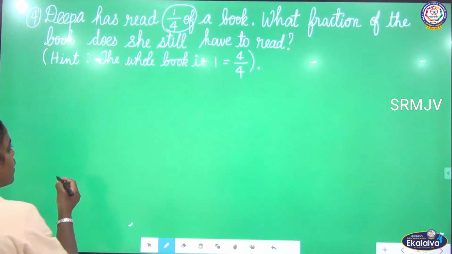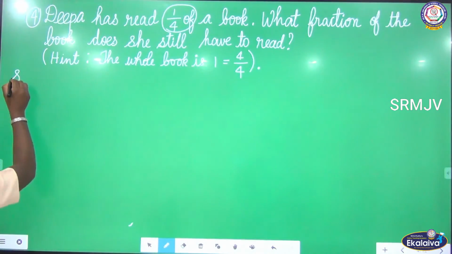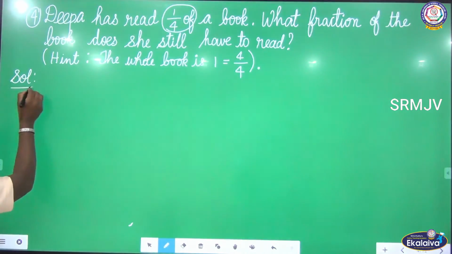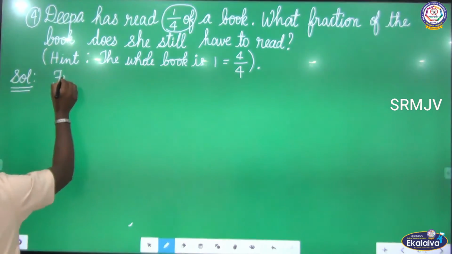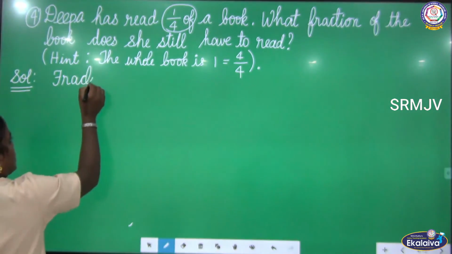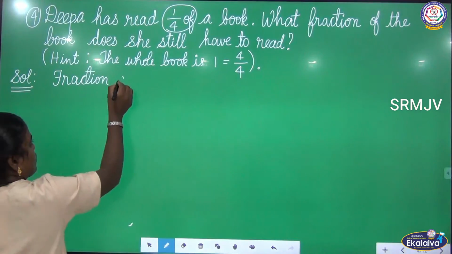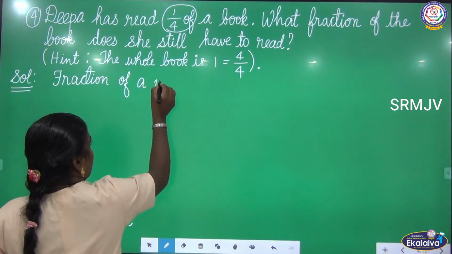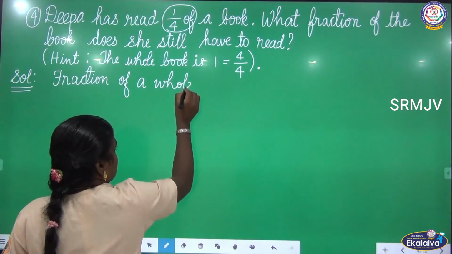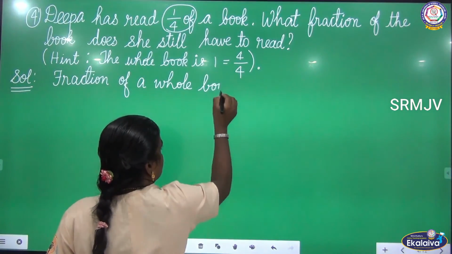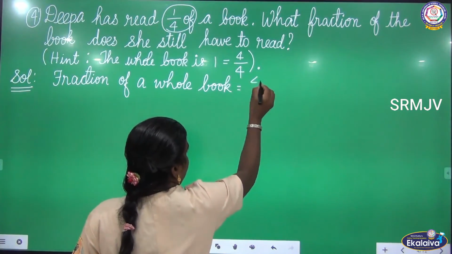So now let us find the answer. Fraction of a whole book, that is 4 by 4.